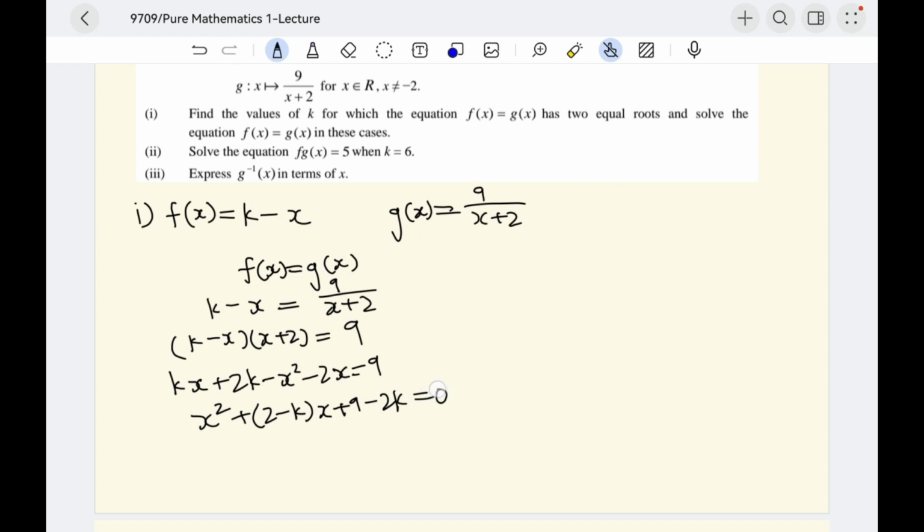So this is what you get after you expand and simplify into this quadratic equation that equals 0.